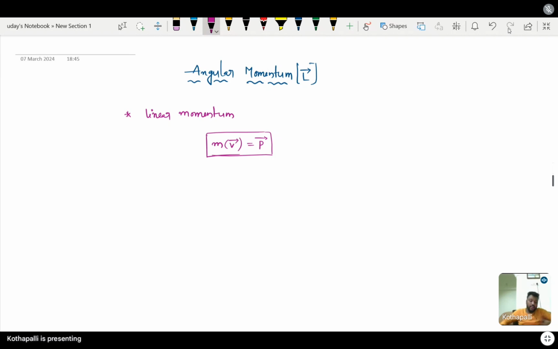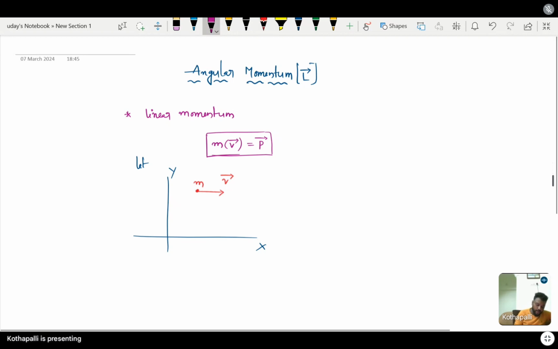Now, what does angular momentum mean? How can we explain the angular momentum? Very simple. Let us consider a situation like this: x and y axis, like the xy plane. Now, an object of mass m is traveling with a velocity v, and is being observed from the origin. Listen carefully.